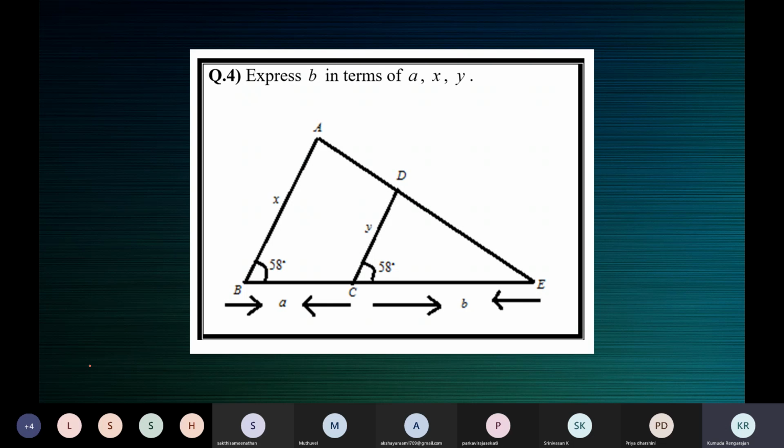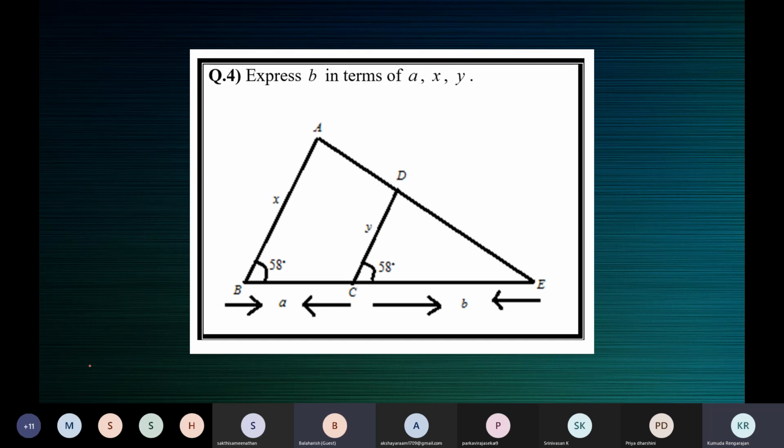Yes, children, what is B in terms of A, X, and Y? B is equal to AO divided by X minus Y, ma'am.